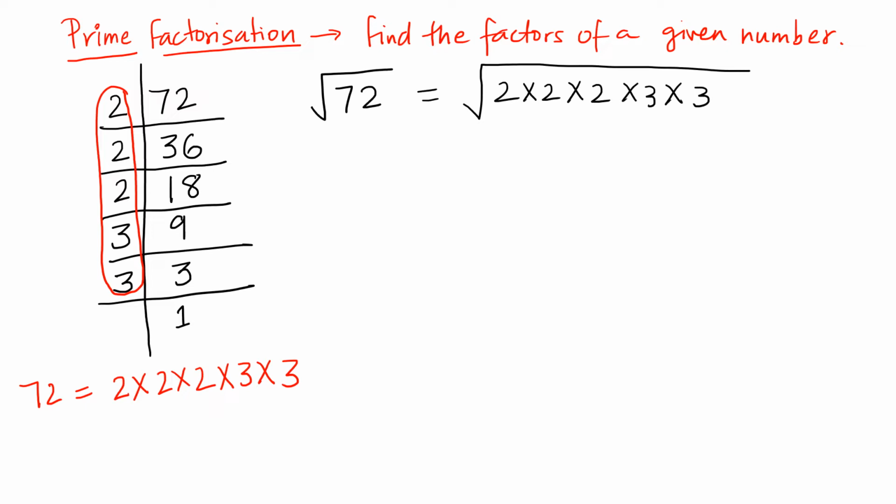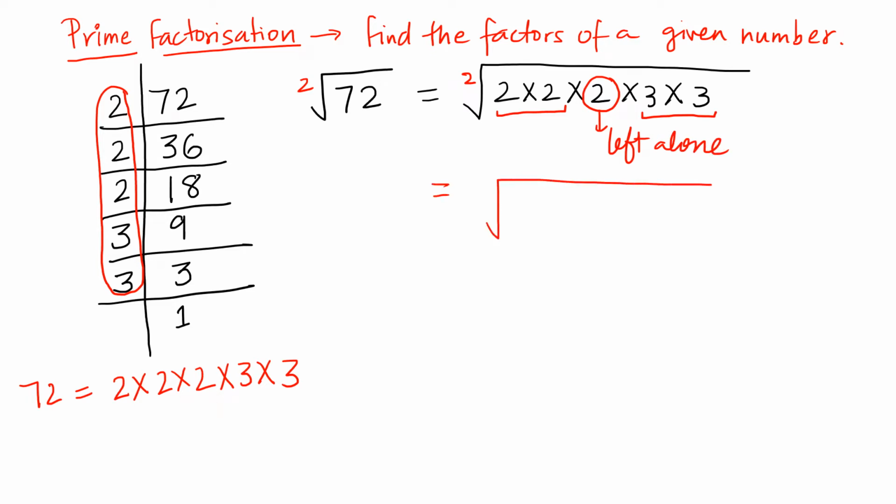Now, because it is a square root, I know the index is 2, so I'm going to look at pairs of numbers. This is a pair of 2. This is a pair of 3. Pair means they are coming hand in hand 2 times. And this 2 is left alone, so we are going to keep it inside the radical sign.